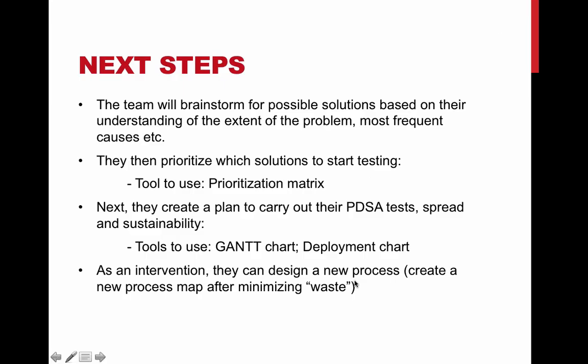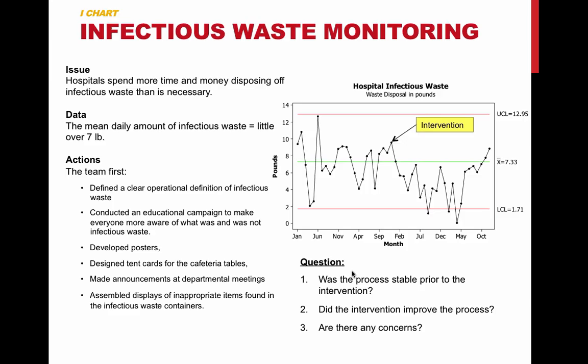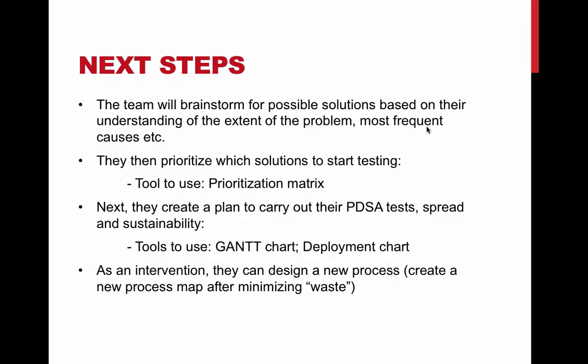Okay, if they know that there are a lot of wastes in their previous process, in their baseline process, if they know that there are less value added steps in their previous process, they can probably design a new process.